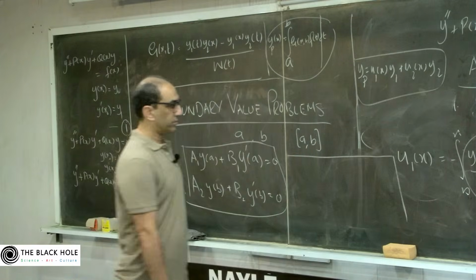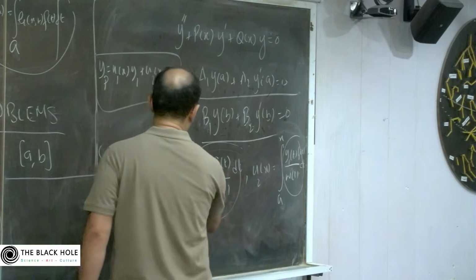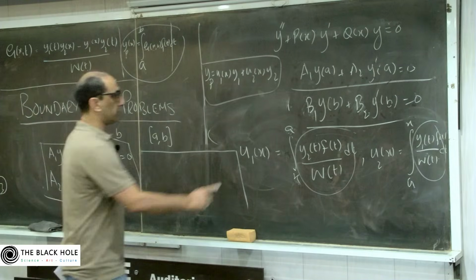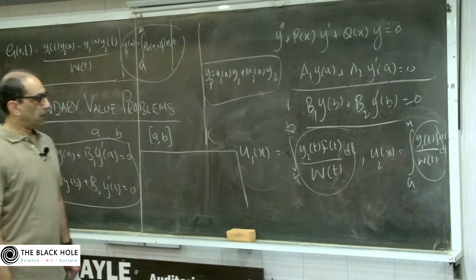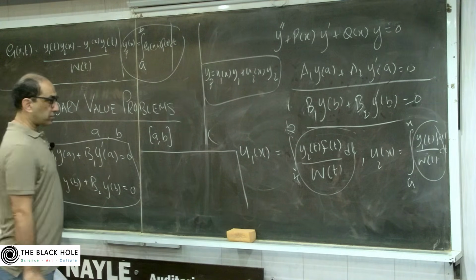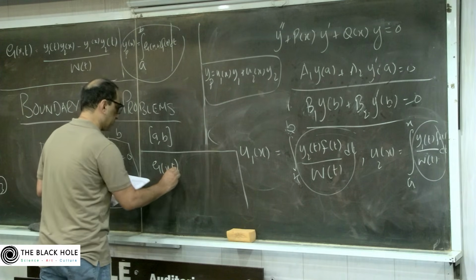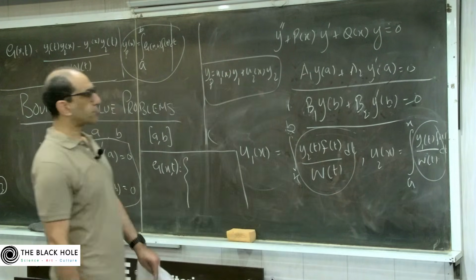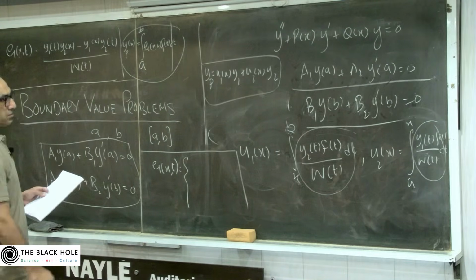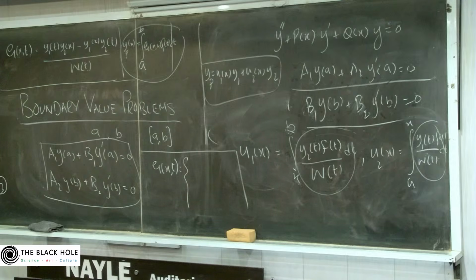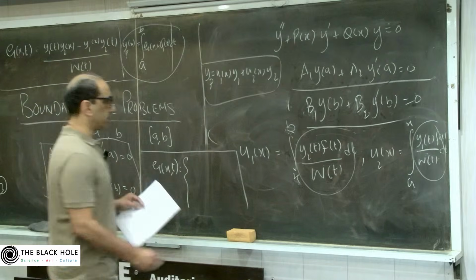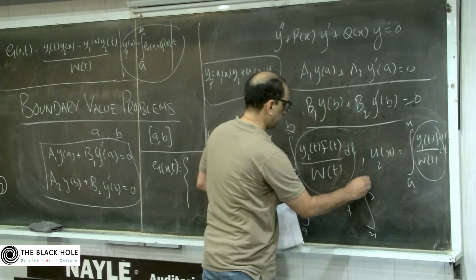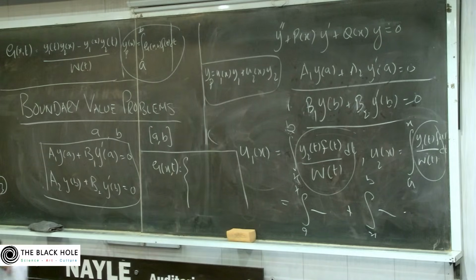So what will be g of x, t? I can write this as an integral from a to x of something plus an integral from x to b of something.